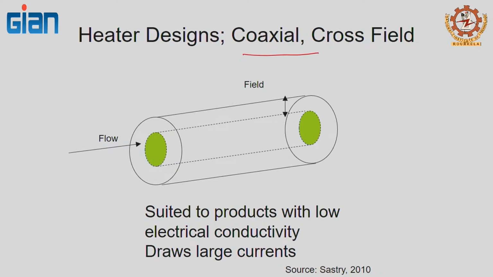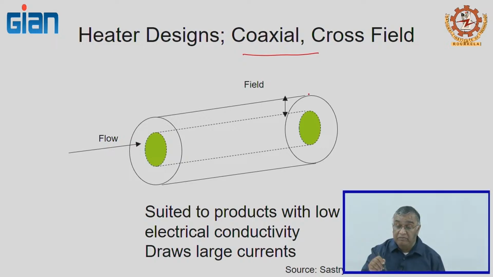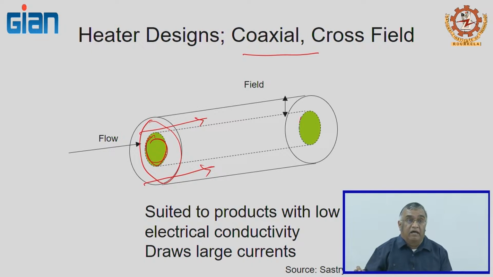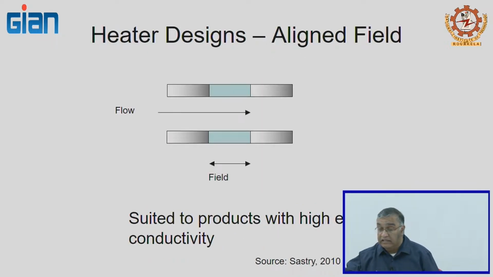What that means is you have a tube, and you are passing the material through here, and then you have an electrode here, so that you have one field here, one field here. So, you can have current passing through them. This is suited for products with low electrical conductivity, and it carries the larger current.